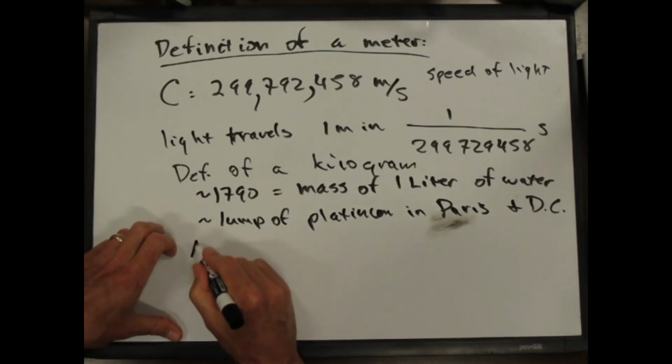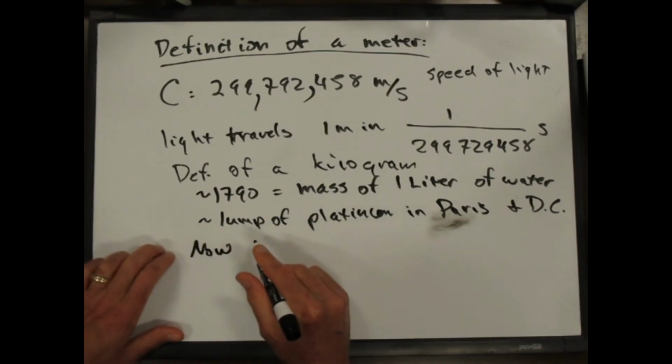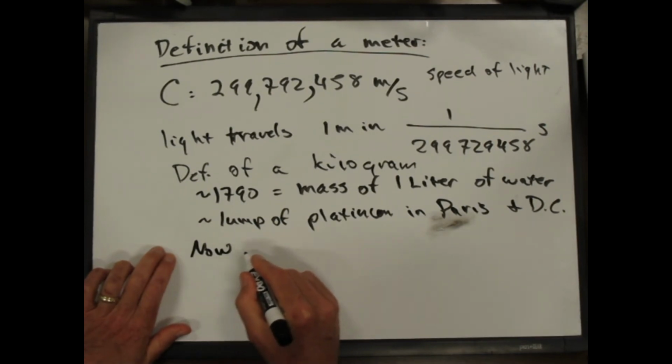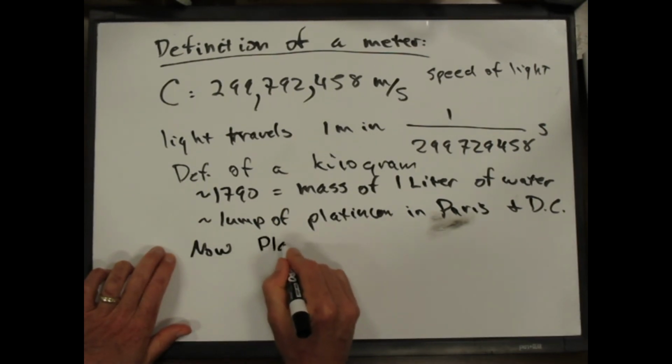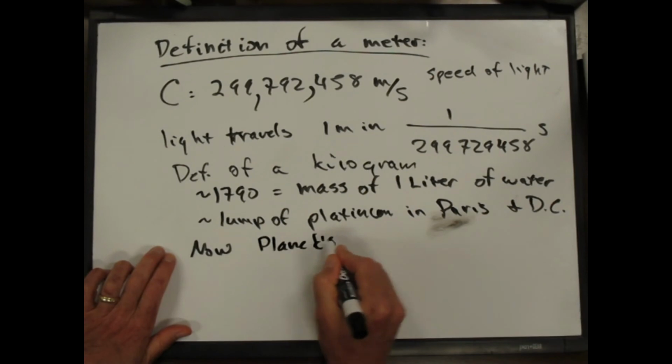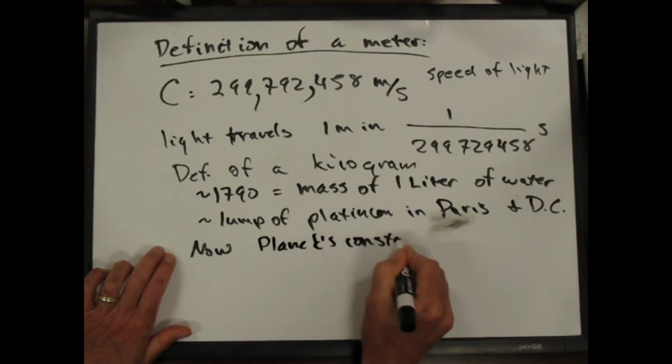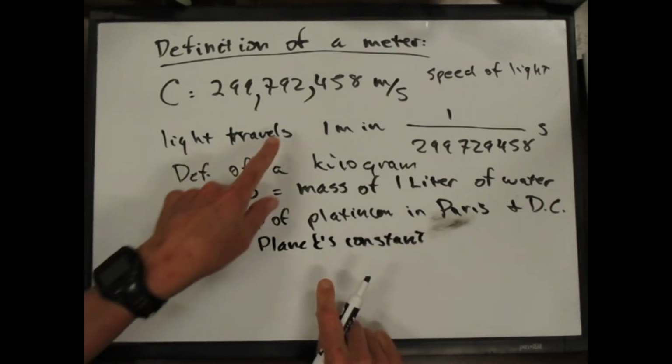And now it's defined by Planck's constant. Planck's constant is a constant like the speed of light.